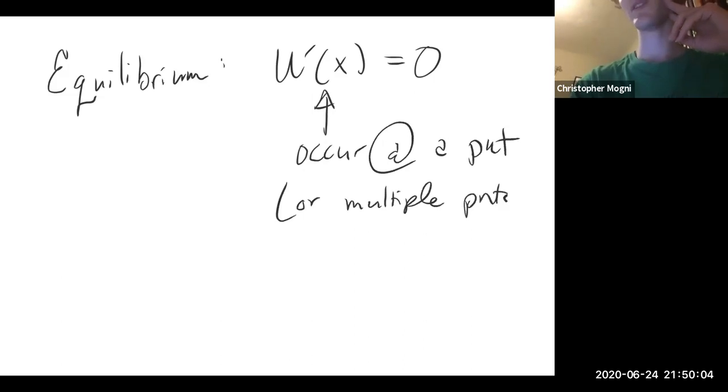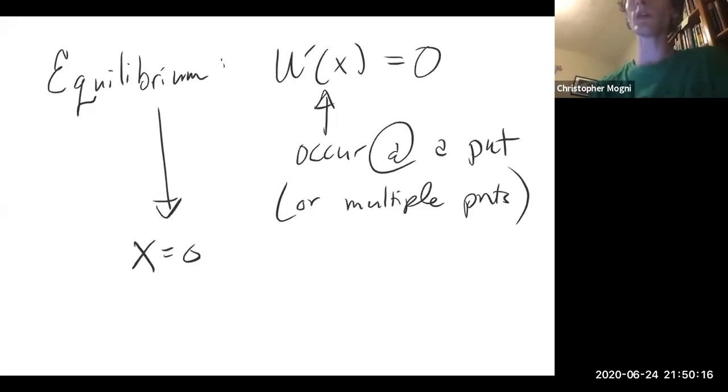So it's possible that you have multiple equilibria. However, in our case, there's only one equilibrium point: x is equal to 0.